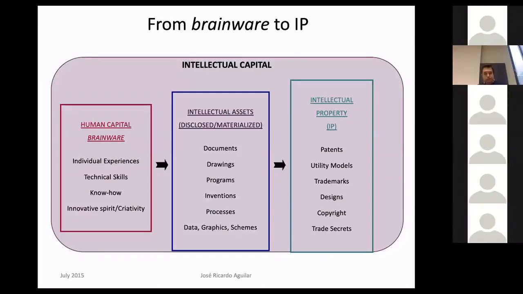It is disclosed, of course, it is put into practice, and it is materialized. Documents, in writing, drawings, in processes, in flow charts, schemes, data, whatever, or creation of aesthetic creation, for instance, looking to copyrights.